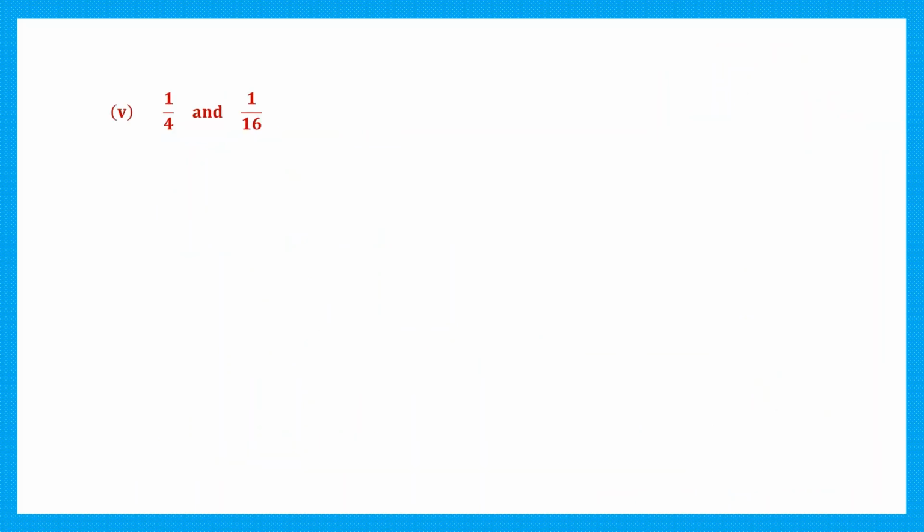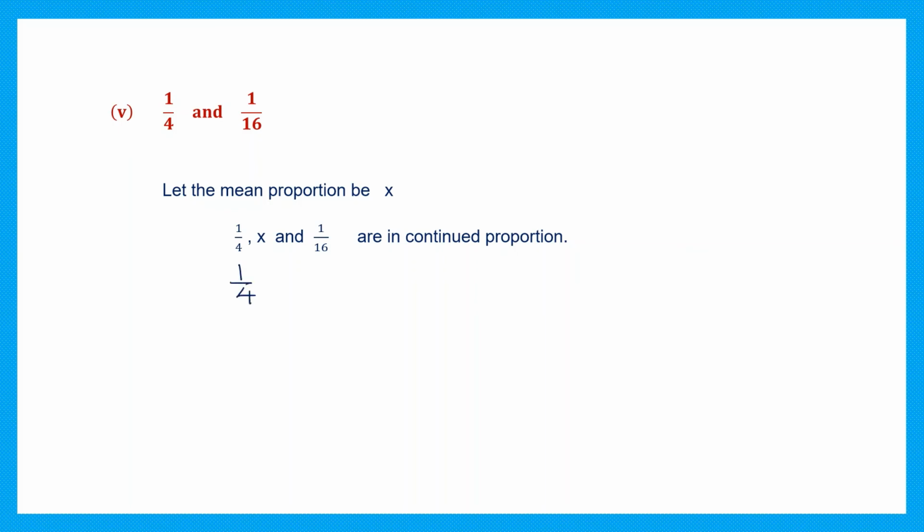Next question, 1 by 4 and 1 by 16. Let the mean proportion be x. That means 1 by 4, x, and 1 by 16 are in continued proportion. So 1 by 4 is to x is equal to x is to 1 by 16. Product of extremes, 1 by 4 into 1 by 16 is equal to x into x.